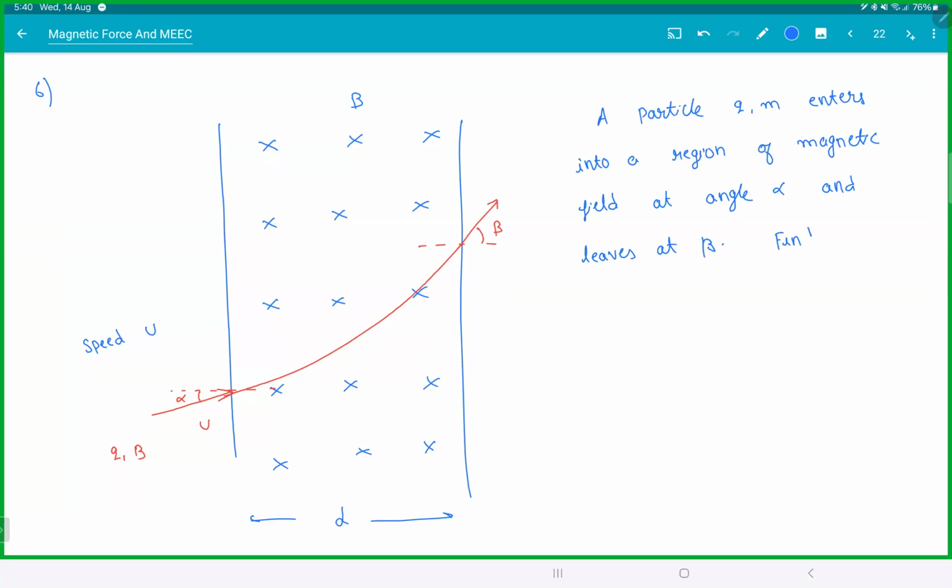Find the relation between alpha and beta and the average force. Let's get this.